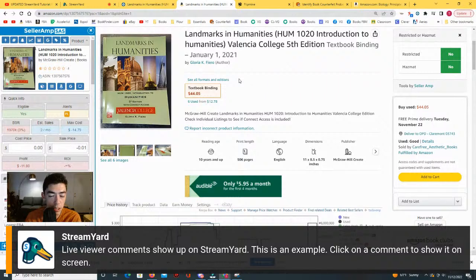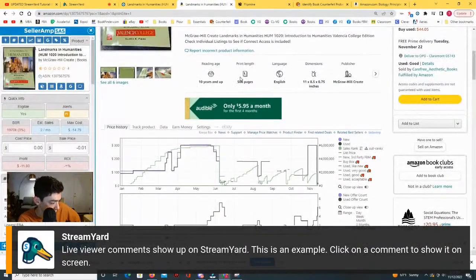I probably wouldn't want to list my used book at $120. I'd probably want to stay somewhere around the new price because, again, I have to think like a rational human being. Wouldn't want to spend so much more money than the new price. But with that said, I definitely have sold plenty of used books for more money than the third-party merchant new sellers. So I don't know if that answers your question, but I think what I would have to do is actually find a listing that has that to explain it. But that's a great question.